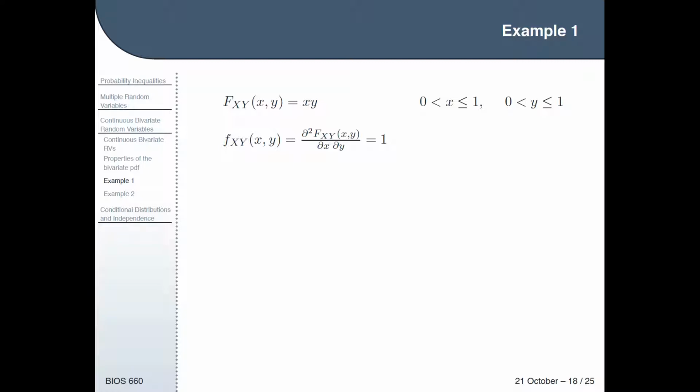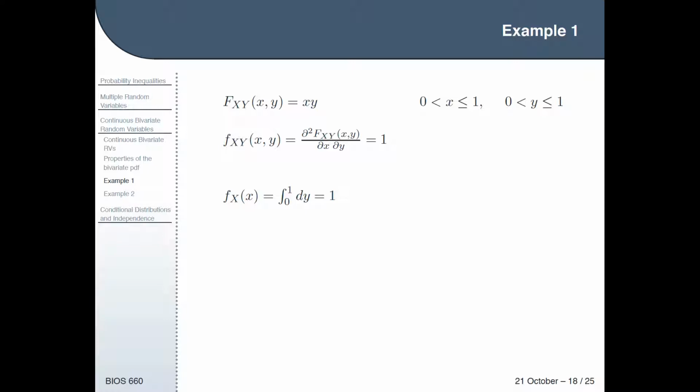So the joint PDF here is equal to 1 in that rectangle and 0 everywhere else. If you don't recognize this, this is just saying that x and y are uniformly distributed in the unit square, where x and y are both between 0 and 1. This is basically the multivariate analog of the uniform distribution.